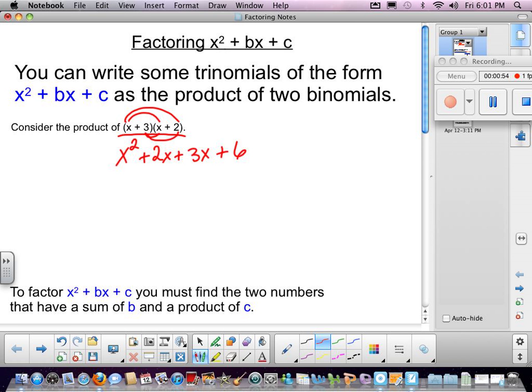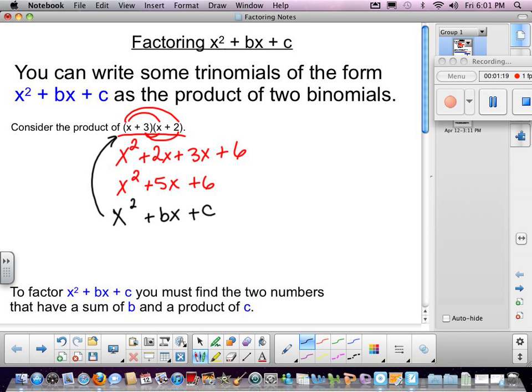Then we combine like terms, and we end up with x squared plus 5x plus 6. That trinomial is in the form x squared plus bx plus c, where b is 5 and c is 6.